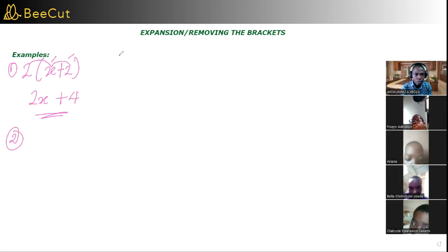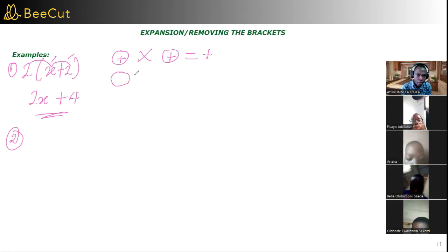Whenever you are using anything to multiply anything, if that thing you are using to multiply is positive, and that other one is also positive, your answer must be positive. Please focus, stop writing. I won't say more than that. If the first is positive and the second is negative, your answer must be negative.